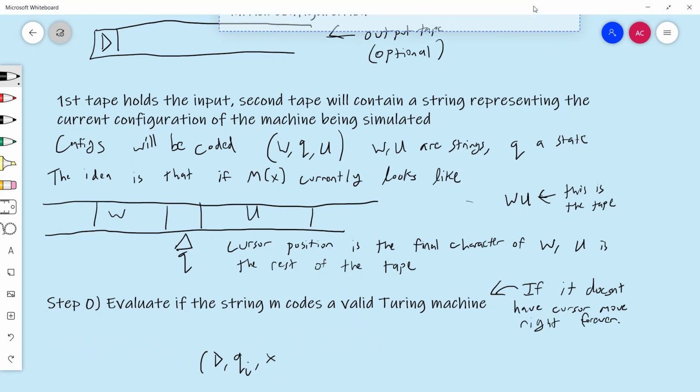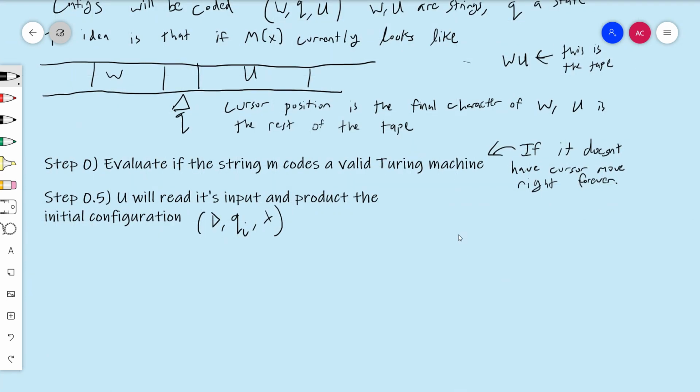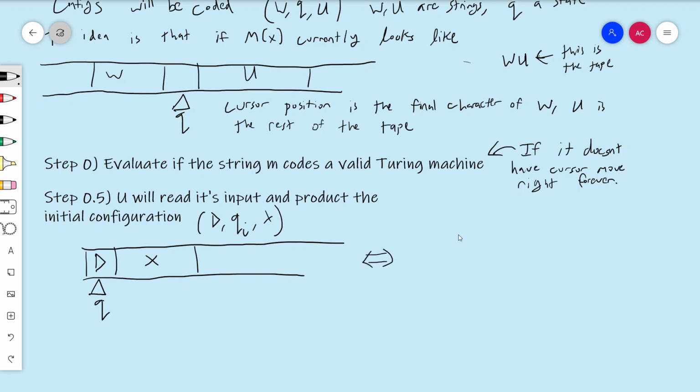So, just to make sure everybody's on the same page, if the machine M that we're simulating is supposed to look like this, remember, the initial setup is always assumed to look like this. We're pointed here at state Q. Then this should correspond with, on our work tape, a configuration that consists of W, Q, U. The cursor is pointed here, so it'll look like this.